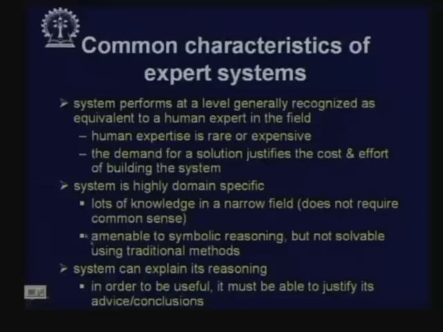Just as a human expert can do that, it is expected that an expert system will also provide that sort of explanation, or at least attempt to give similar explanations. So, in order to be useful, it must be able to justify its advice or conclusions.